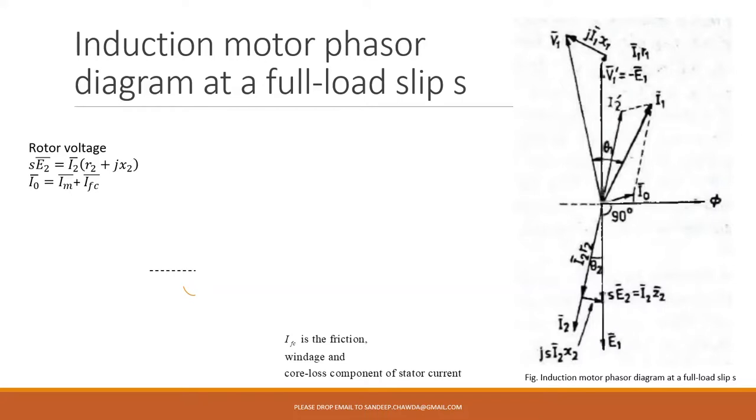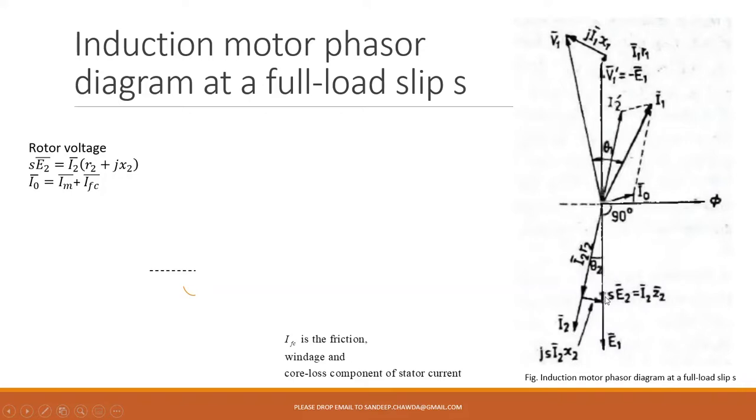The drop I2 X2, that will be here S times I2 X2. So here you could see what we have shown here, S times I2 X2. Here I forgot to add S, just include S here in this expression. So this is going to give you basically S E2.